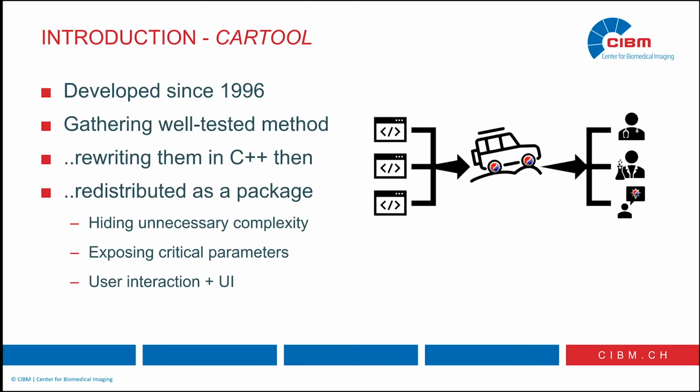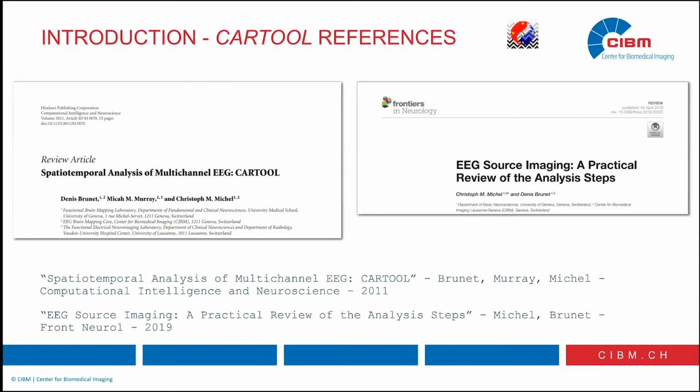At the same time, you want to still expose what are the critical parameters, so what is really important for the user. And again, everything is wrapped into a user interface and user interaction, which is a key in Cartool. By the way, we have 2 articles on the Cartool toolbox, one from 2011 and another one like last year, 2019.